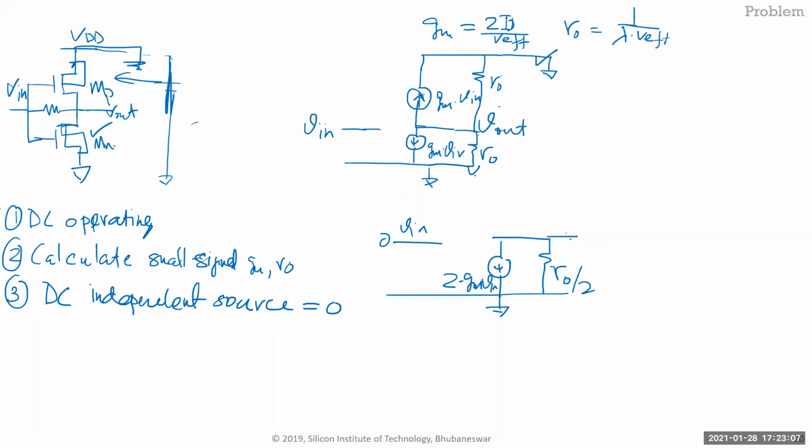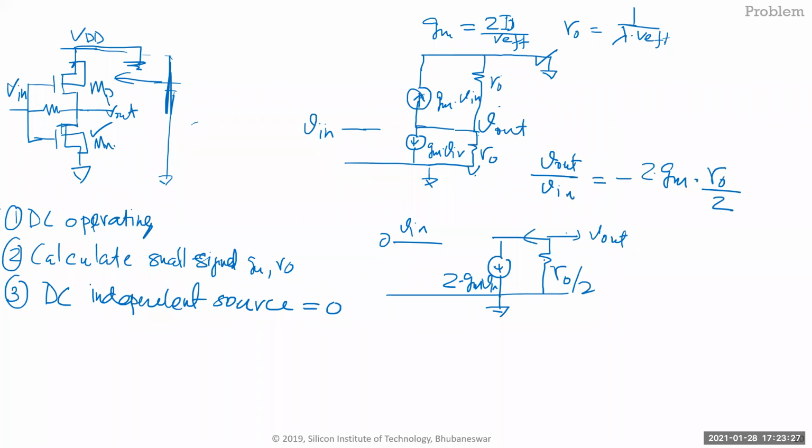Okay, so now just use your node equation. There's only one node, and this is V out. What's V out over V in? It is equal to 2 GM times R naught over 2, right?